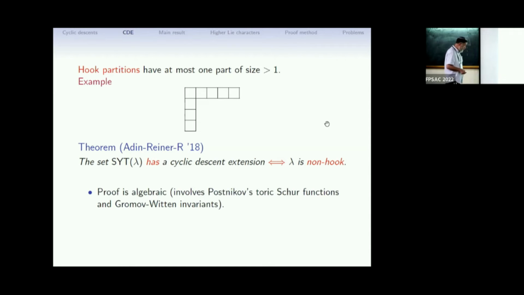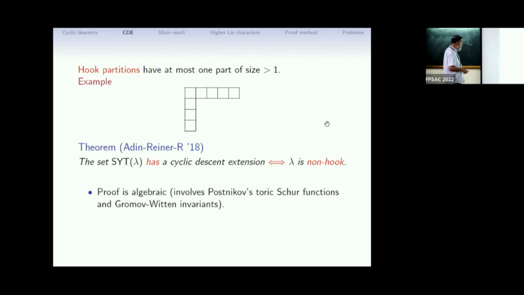It involves Postnikov's toric Schur functions and Gromov-Witten invariants. It involves some positivity properties of toric Schur functions under certain specializations. This is important because if there is positivity, there is a combinatorial realization. If there is no positivity, no combinatorial one. There is something abstract maybe, but not combinatorial as we want it to be.